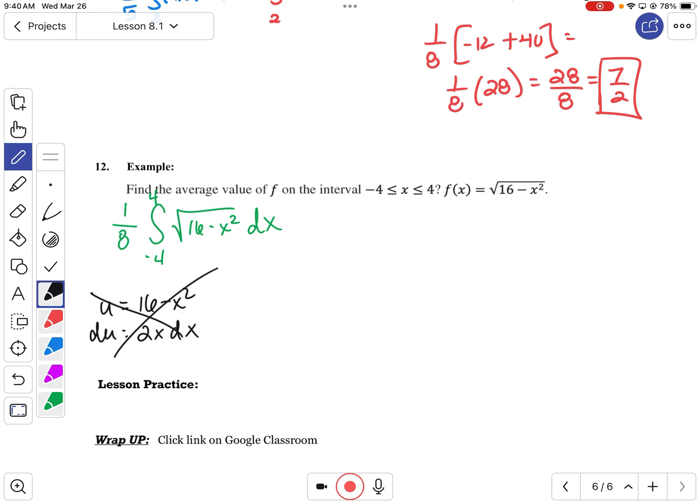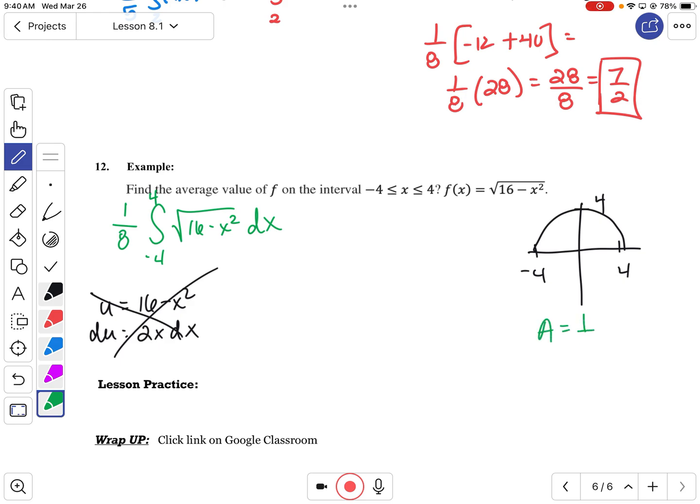Do you know what the graph of the square root of 16 minus x squared looks like? It's a semicircle. Let's use geometry, okay? If I know what it looks like on a graph, we can use geometry. It's centered at the origin. It has a radius of 4, from -4 to 4, okay? And it looks like this. All right, and so I can do that integral from -4 to 4 as an area.